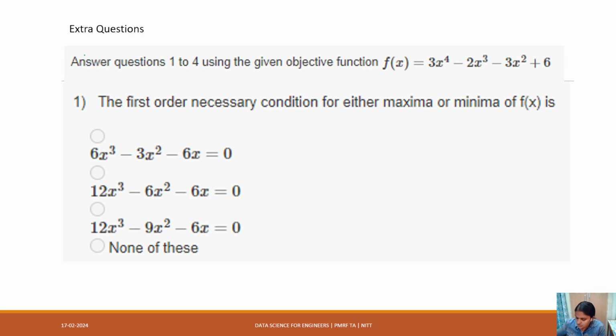You can start solving that. First order necessary condition is asked first, right? So immediately you can solve and write, okay, I am getting answer B. Directly you can write 12x cube minus 6x square minus 6x equal to 0. So this is the answer.